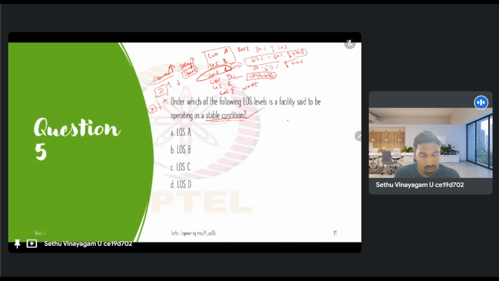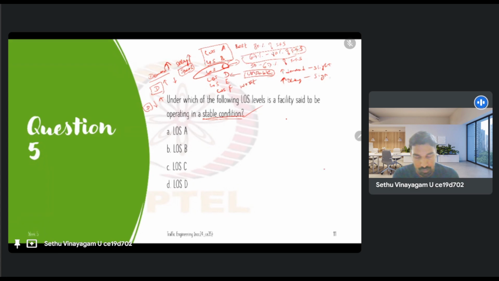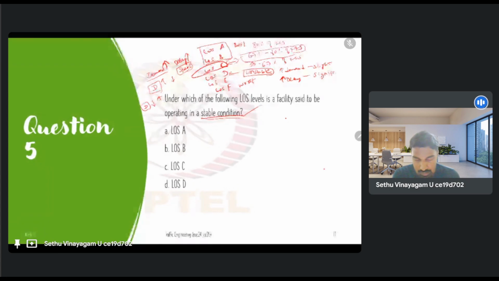Even if you increase demand slightly, the increase in delays will be significant. You'll have disproportionate increases in the delays or deterioration in the quality. Therefore, this is an unstable condition.